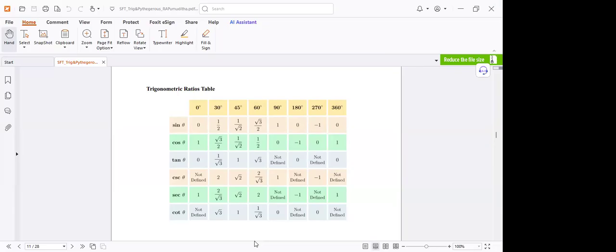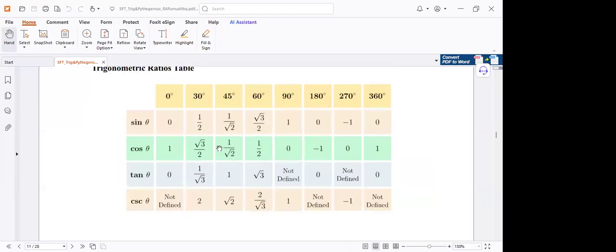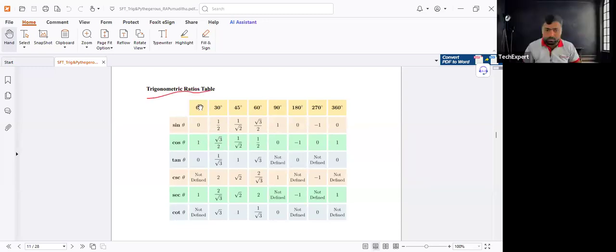Write the topic as trigonometric ratios table. Then draw a table. You must include 0, 30, 45, 60, 90.